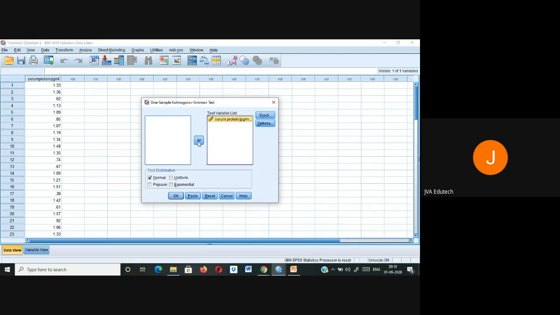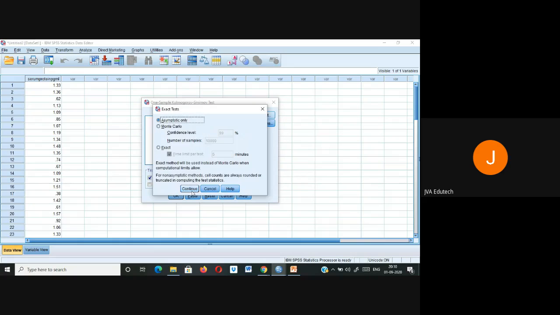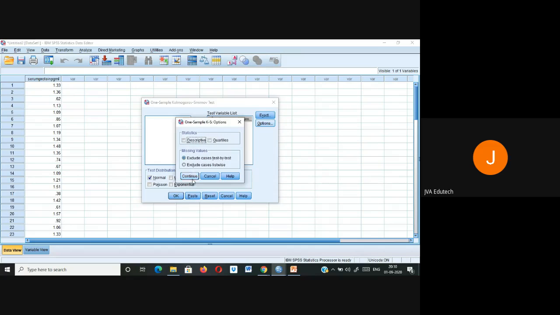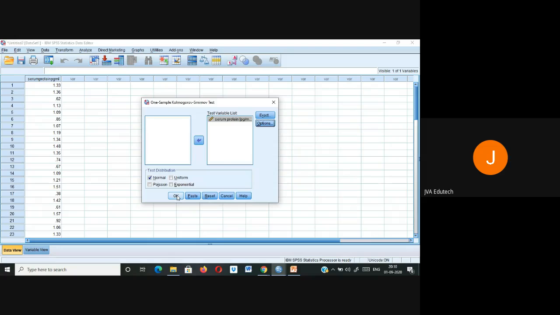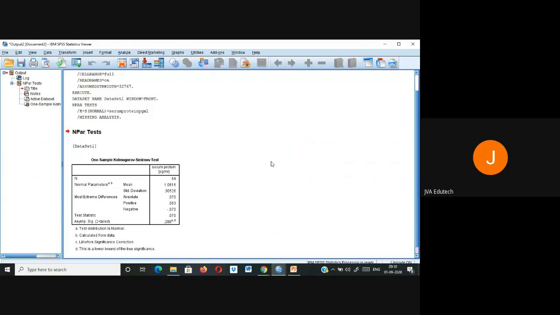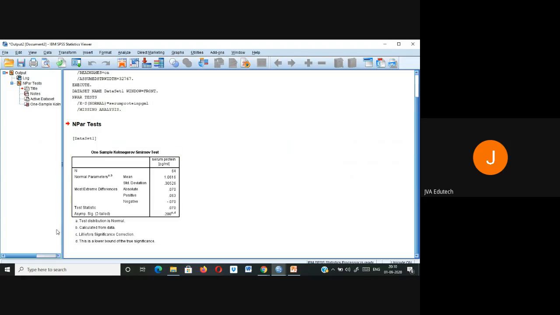I am taking this serum protein. I don't have to change anything from here. I just have to click. By default, normal is checked. Now you have this.